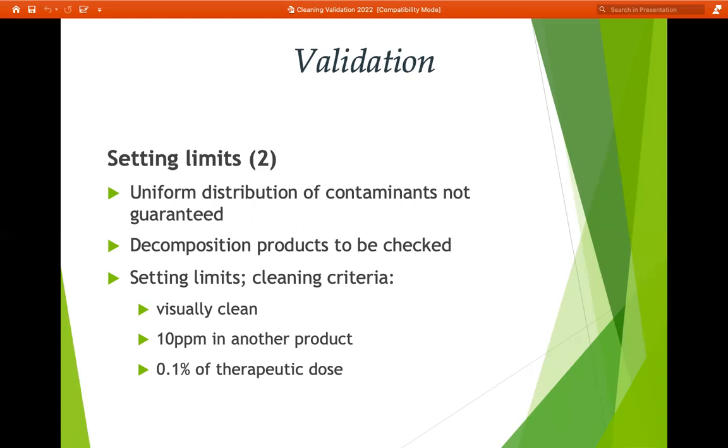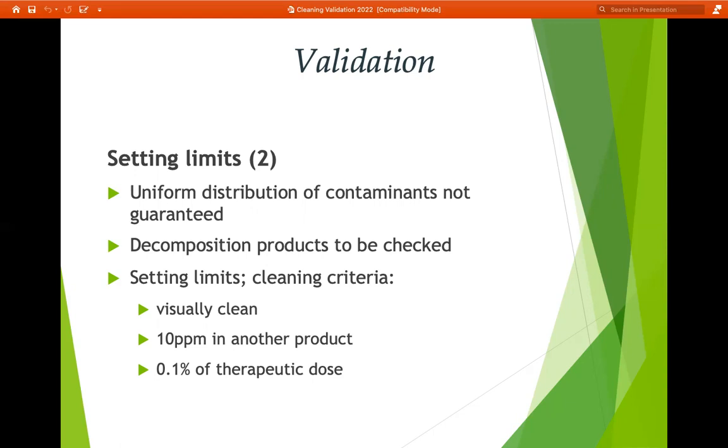Decomposition products are to be checked. The products which are getting decomposed because of heat, moisture, or environmental conditions must be considered and checked before setting the limits. Setting limits, cleaning criteria: there are three criteria you can say: visually clean, 10 ppm criteria in another product, and 0.1% of therapeutic dose.